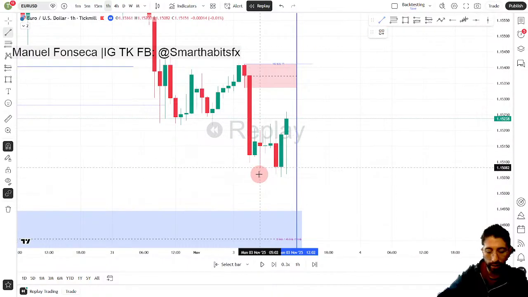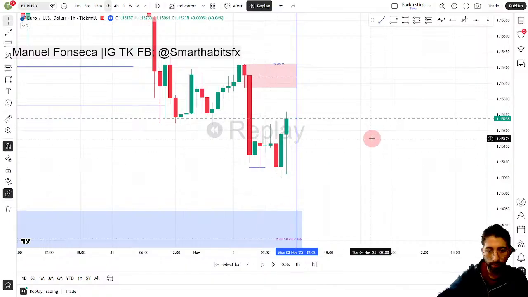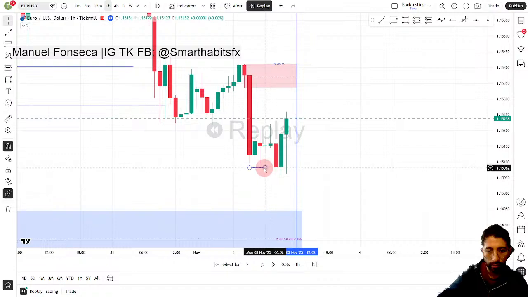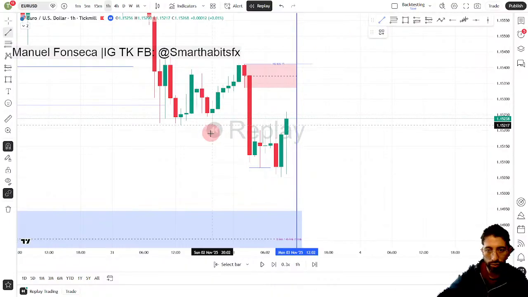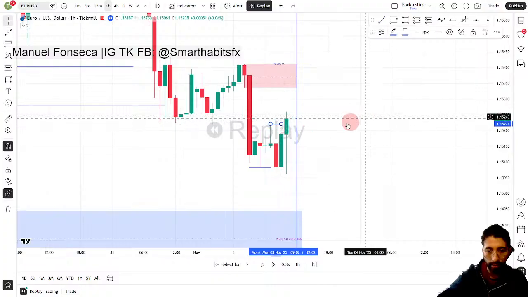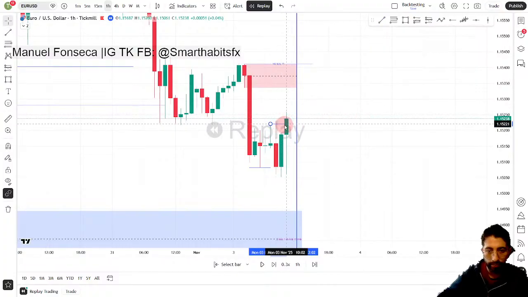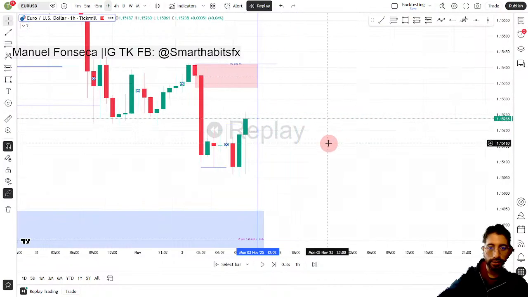So we have a liquidity sweep right here. Boom. Right after this liquidity sweep, we have a breakage of structure, which is this one, with the body of a candle. It's very small. Do I like it?